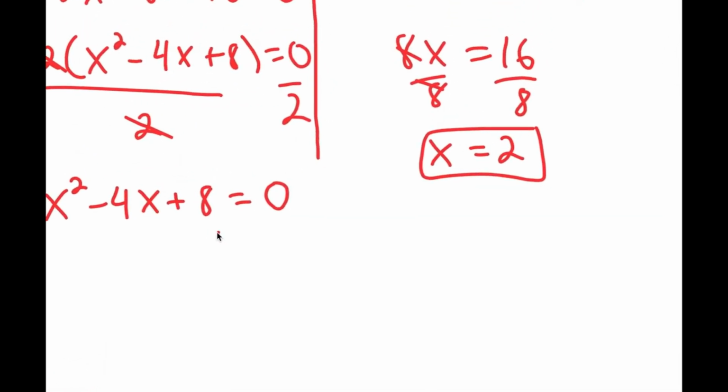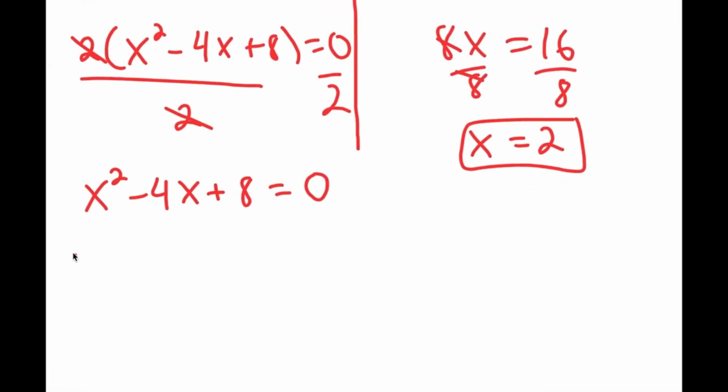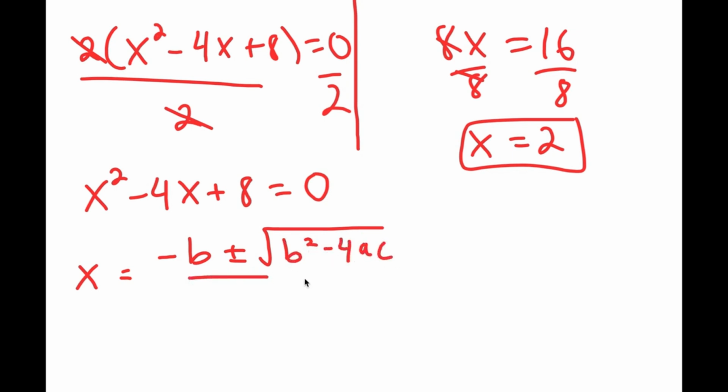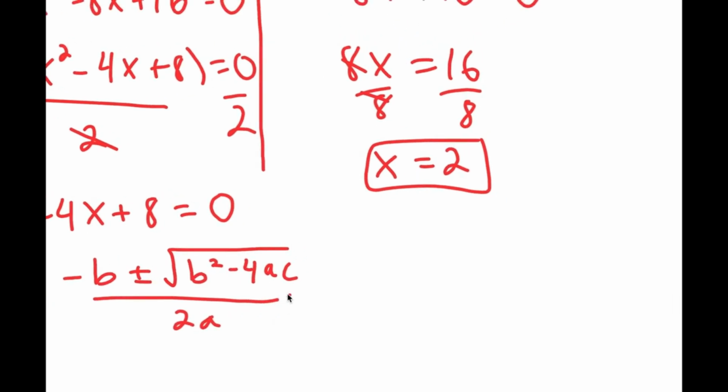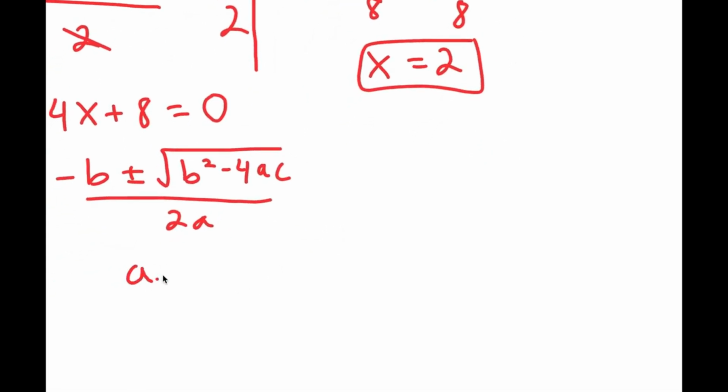And if I use the quadratic formula, which is negative b plus or minus the square root of b squared minus 4ac all over 2a. In this case, a is 1, b is negative 4, and c is 8.